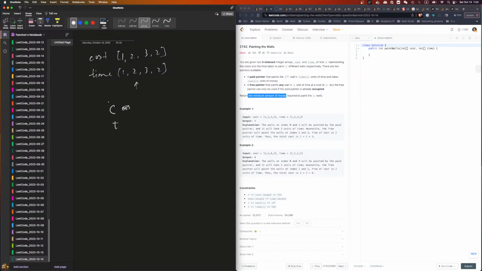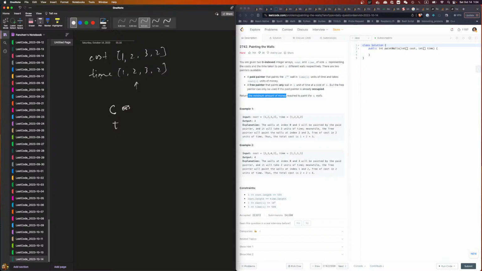If I have the best at every spot, so here, what I can do is, if you use the paid painter, if I say this wall, I want to see if I can use a previous setting. So previous setting, if I can return not only the cost, but also the unit time that it will take, right?